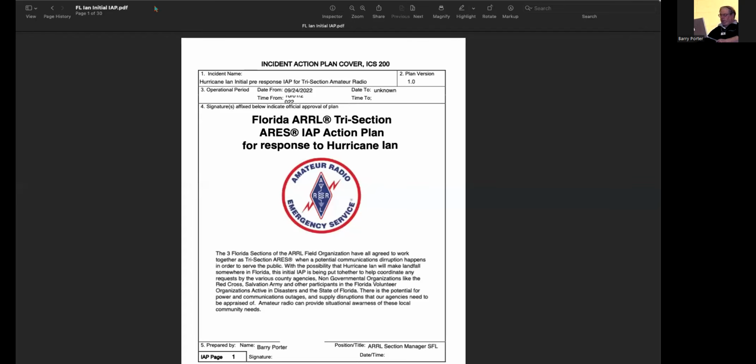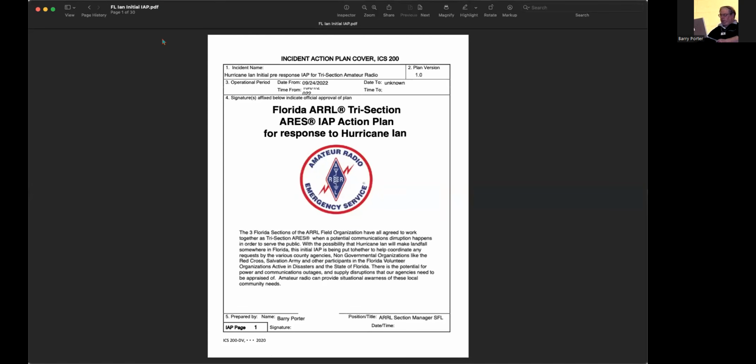Share. Okay, can everybody see that? Yes. Okay, this is the ICS 200. This was the cover page that I put together for the tri-section ARIES IAP action plan for Hurricane Ian. It basically says the 3 Florida sections have agreed to work together as one group. So when we have potential communications disruptions, we can serve the public, acting as one group instead of 3 separate groups.